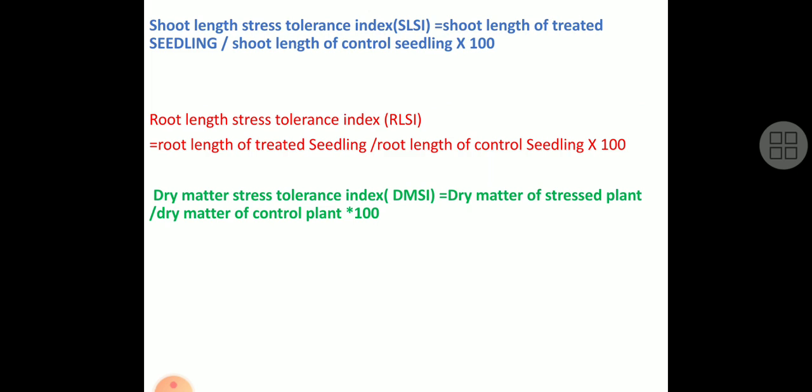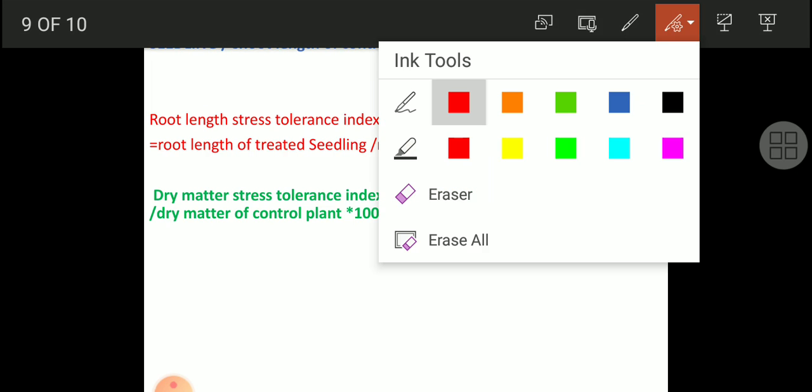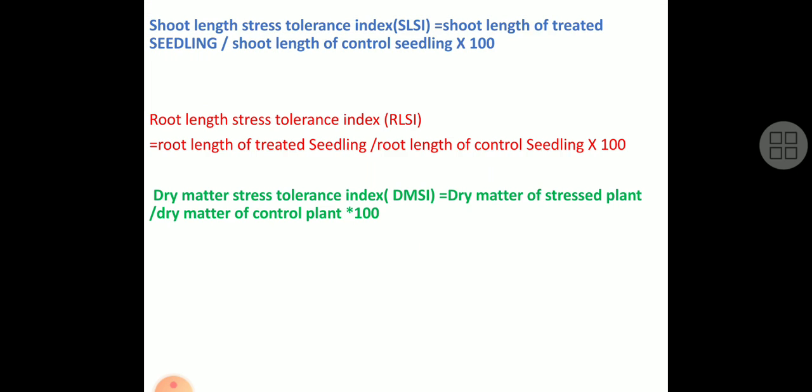Now shoot length stress tolerance. Shoot length stress tolerance can be calculated by shoot length of treated seedlings divided by shoot length of control into 100. Shoot length of a stressed or treated seedling divided by shoot length of a control seedling into 100.